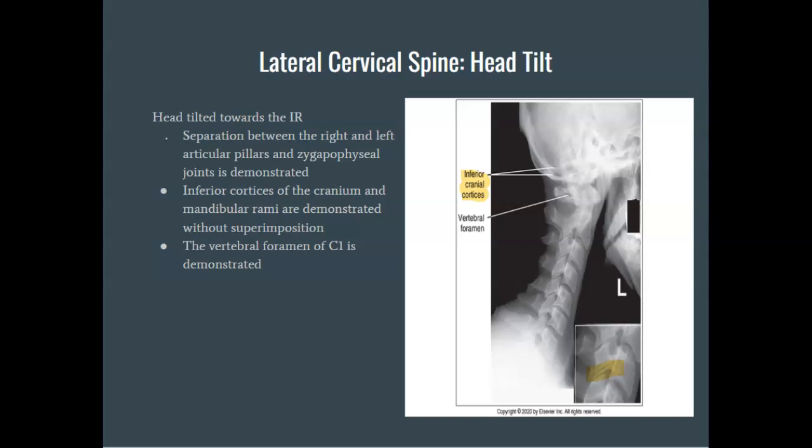And remember, with rotation, it is not easily identified which side of the patient is rotated. You need to go back out and readjust the patient so that their mid-coronal plane, again, is perpendicular with the IR.